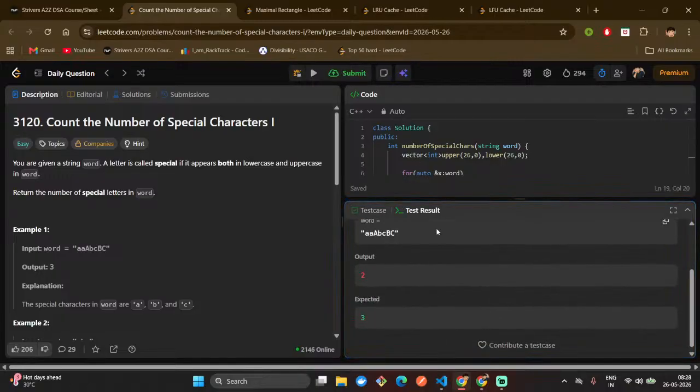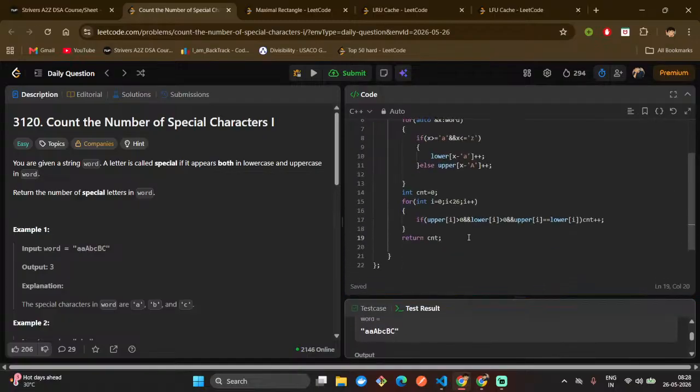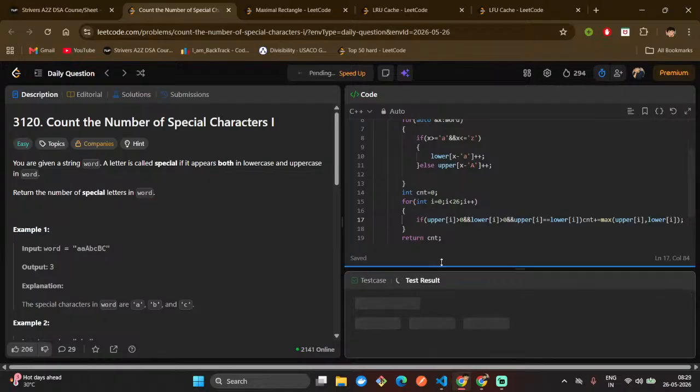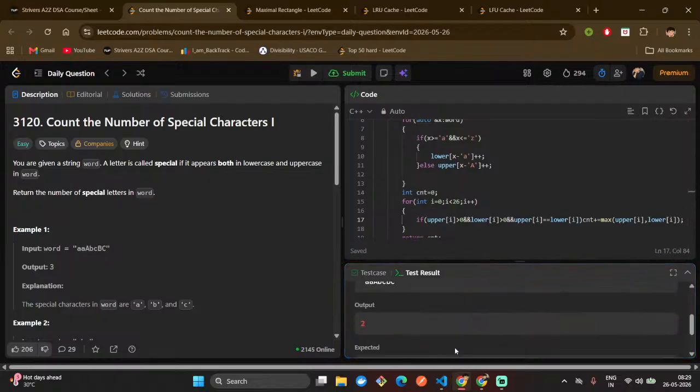No, why? Hmm, so it's like the maximum of upper[i] and lower[i], right? Not, why?